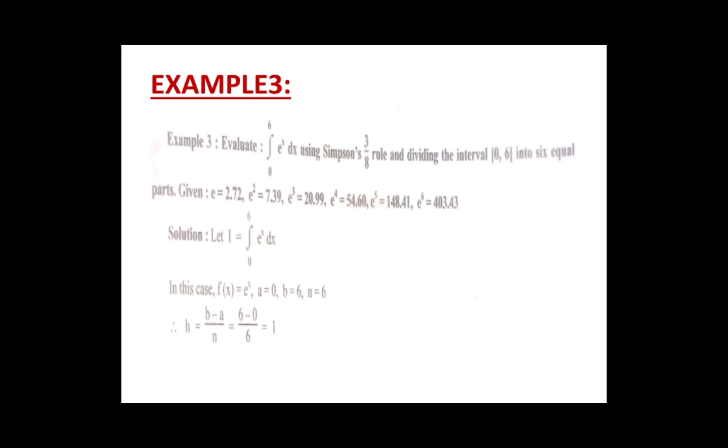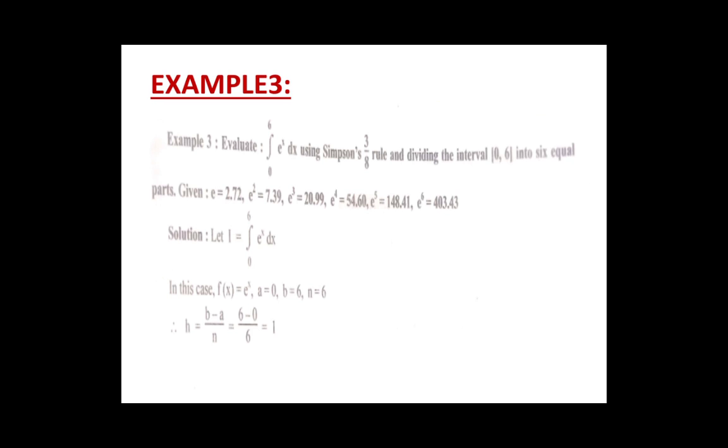Now here is the next example. In this, the question is: evaluate the integral from 0 to 6 of e raised to x dx using Simpson's 3/8 rule, and divide the interval 0 to 6 into 6 equal parts. Here e, then e square, e cube, e raised to 4, these values are given.